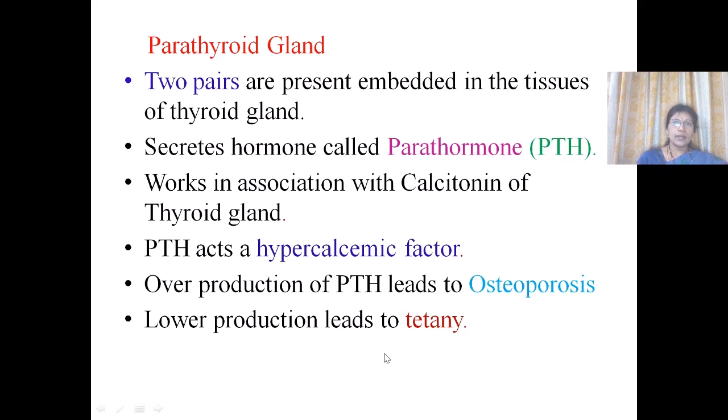And lower secretion or under-secretion of parathormone leads to a condition called tetany. Tetany is sustained muscle contraction, that is, the muscle will be in a contracted state for a long time, and muscle cramps also occur.